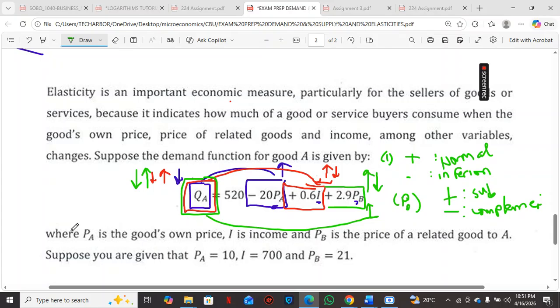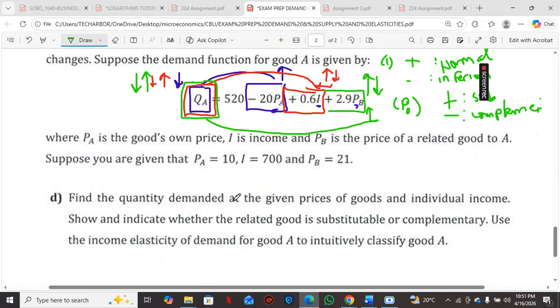They have told us PA is the good's own price, I is income, and PB is the price of a related good to A. Suppose you're given PA equals 10, I equals 700, and PB equals 21. Find the quantity demanded at the given prices of goods and individual income. That just means substitute these values in the demand function.